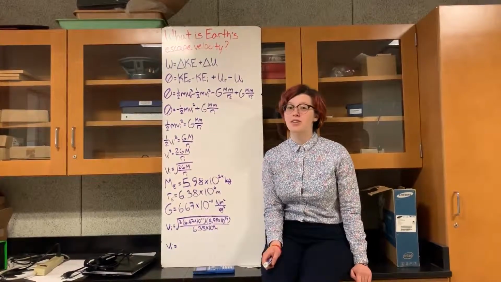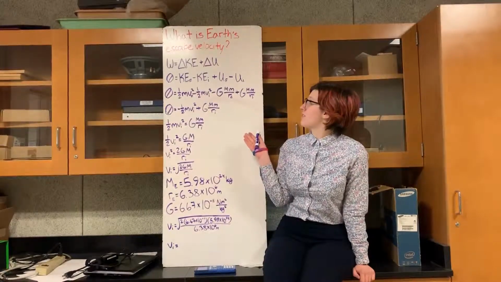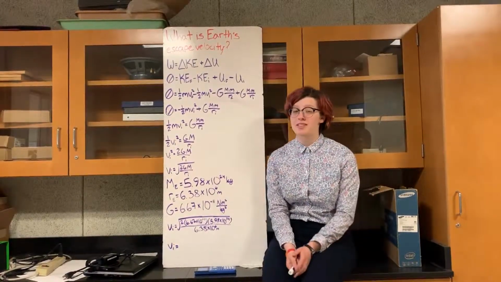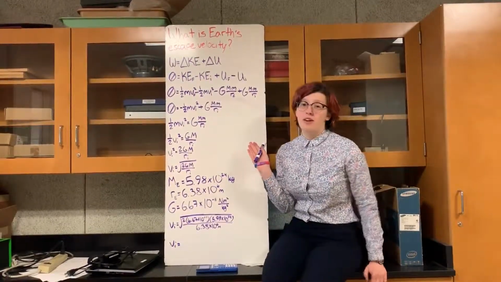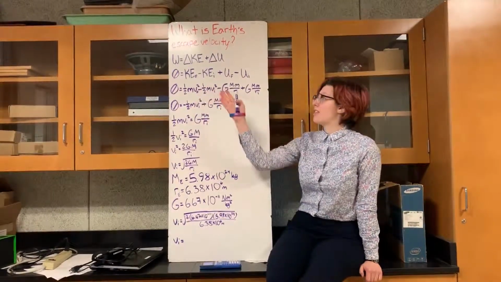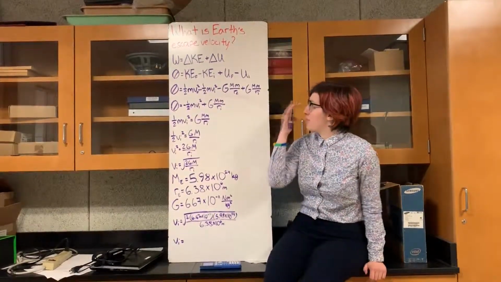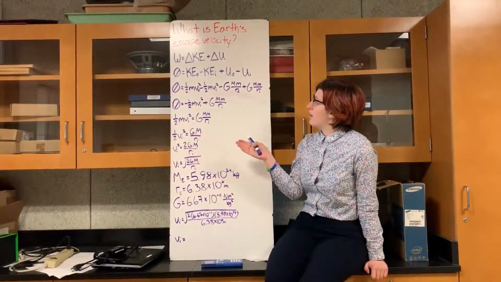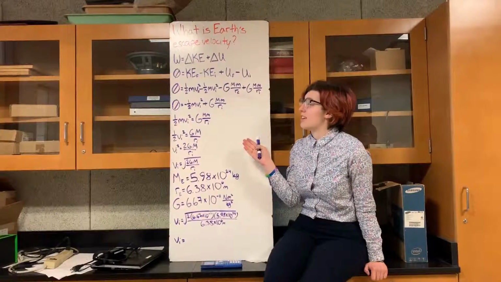Okay, so one of the questions you may be asked is, what is Earth's escape velocity? Or you might be asked the escape velocity of any planet. This is a way to derive that equation. First we start with this equation because this involves kinetic energy. The work done is equal to the change in kinetic energy plus the change in potential energy.